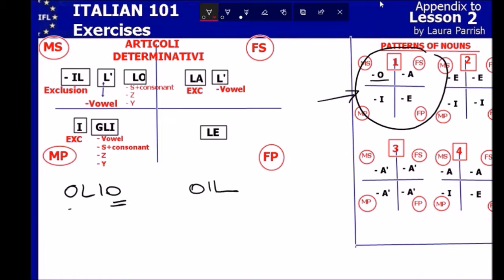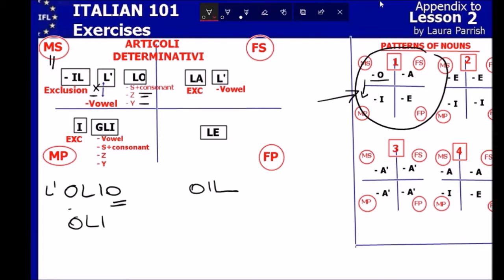So it's masculine singular, so you go in the right corner, this one, and you go S plus consonant, no, Z, no, Y, no, start with a vowel, yes, this one, l'olio. Let's make it plural: you substitute the O with an I, but you never double the same letter. So in this case, the right plural for olio is just oli.